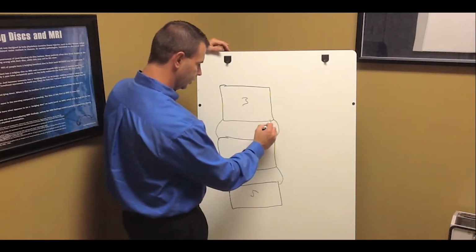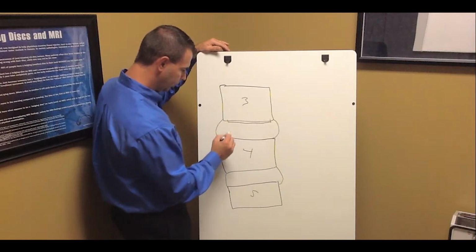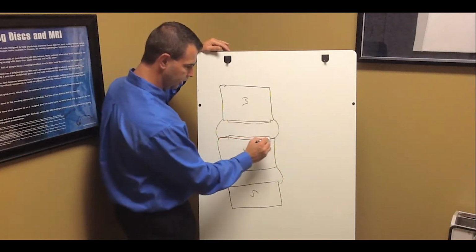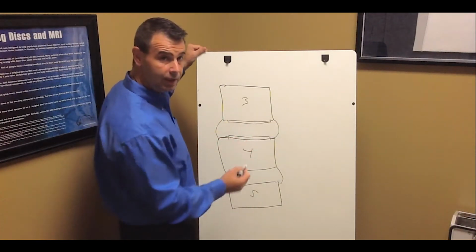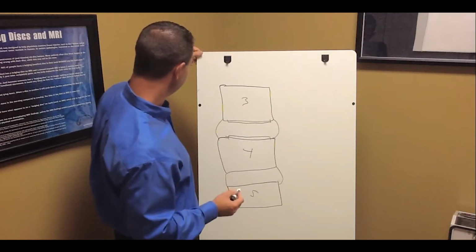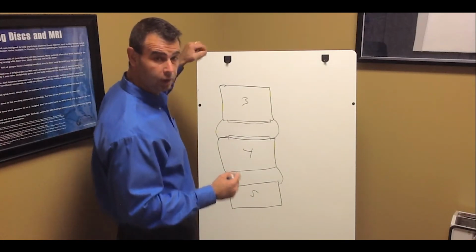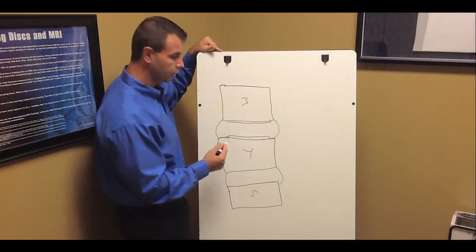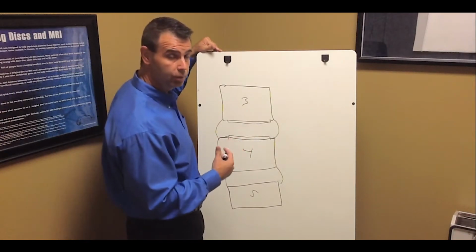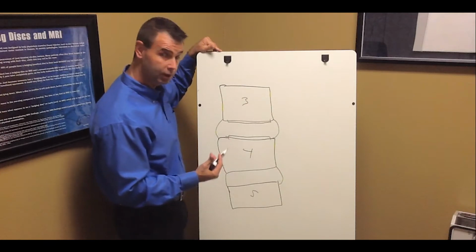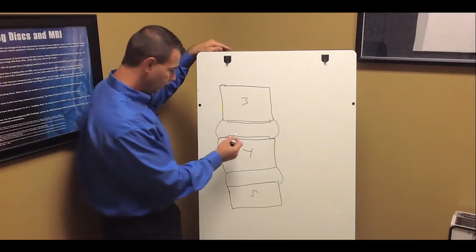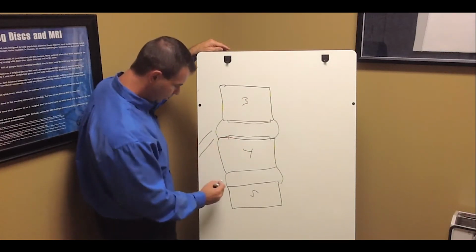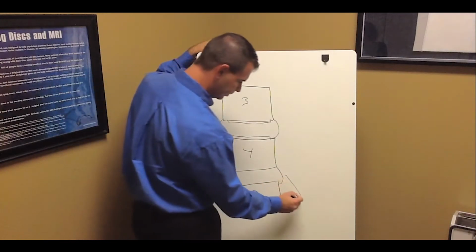The discs are held onto the bone by what we call a cartilaginous end plate. You can think of that end plate as a stiff piece of plastic. It's got some give to it, but if it gives too much, it can crack and it can create injury, which can also be a contributing factor to back pain from time to time. And then we have the nerve roots coming out.